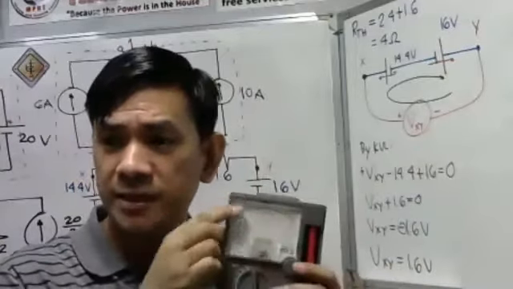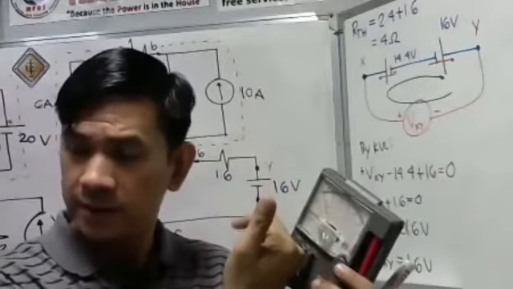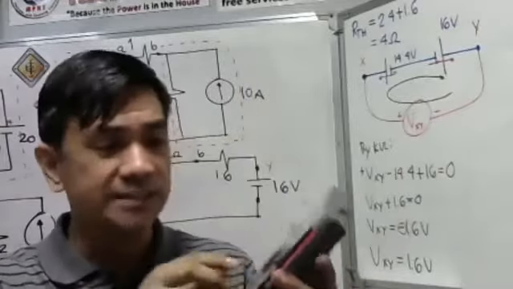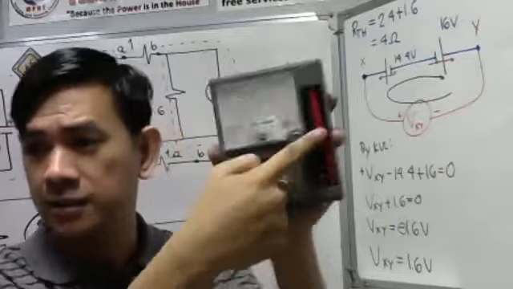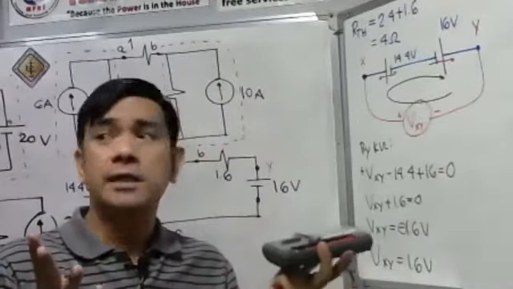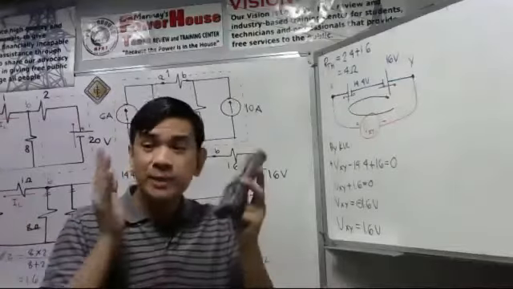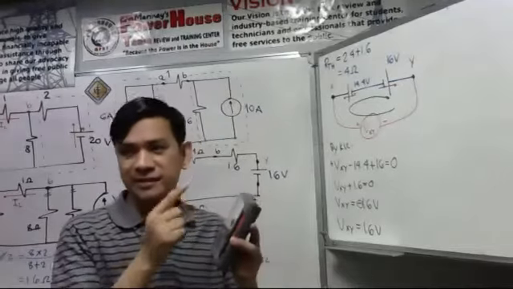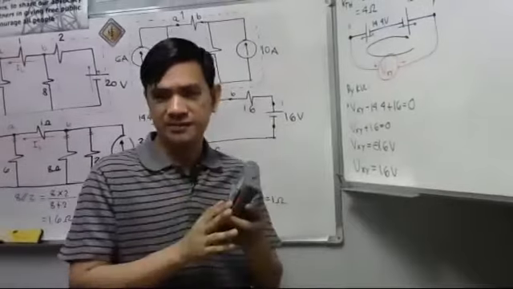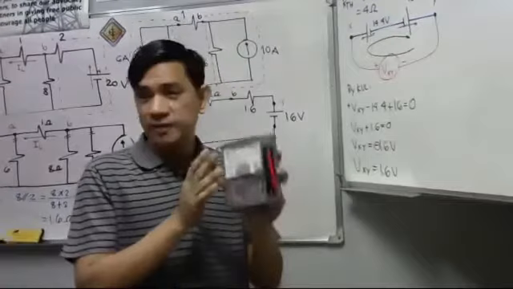The pointer may break, so you have to reverse the polarity of your test leads. These are the two test leads here. If you have a digital multimeter, it will indicate the negative sign on the meter, because I just have here an analog type of multi-tester.